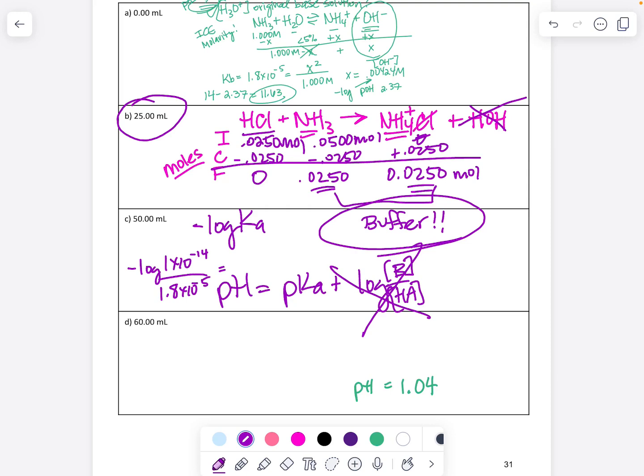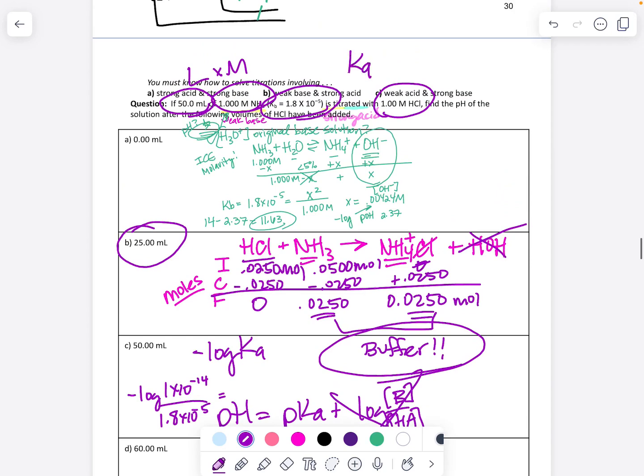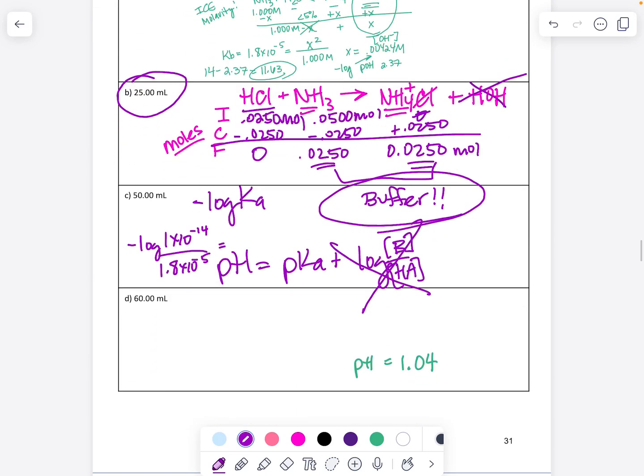And when I do that, I got 5.5 times 10 to the negative 10th for my Ka. Ka is equal to 5.56 times 10 to the negative 10th. And then our negative log of that, I get a pH of 9.26.